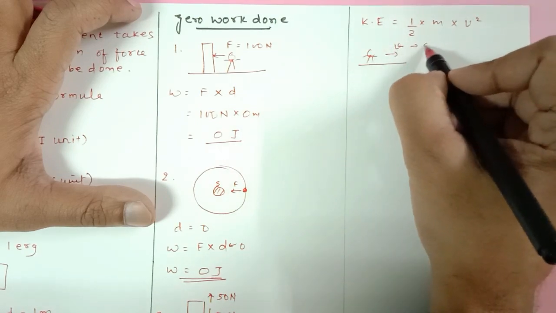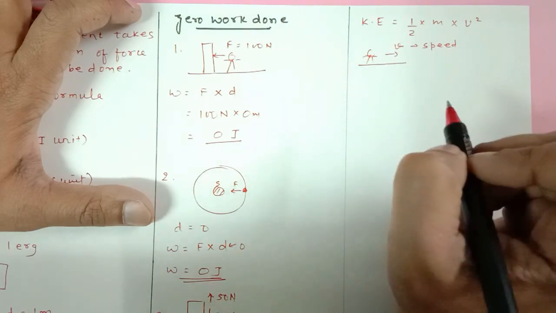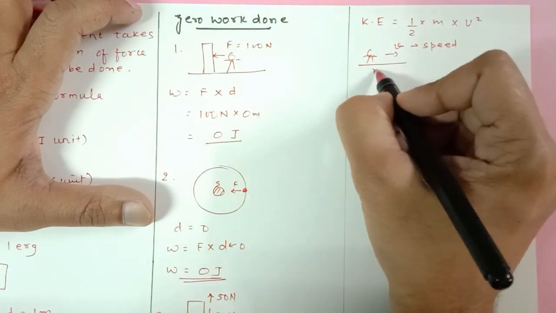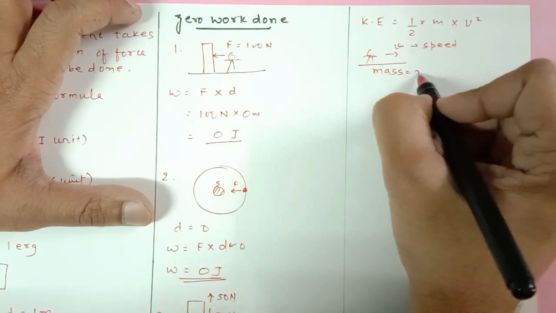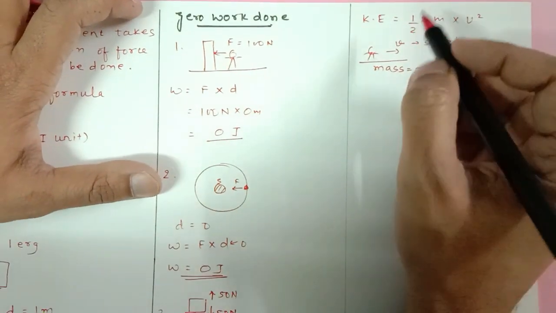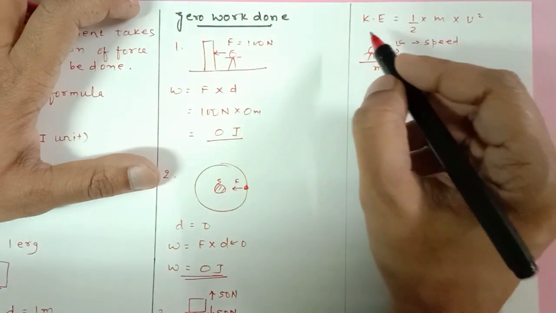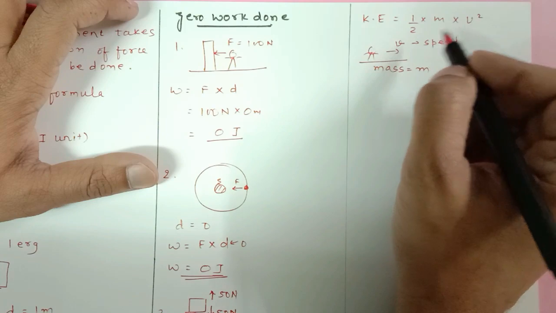Here v is the speed, actually velocity, but since the man is moving in a straight line, velocity and speed are the same, and the mass of this man is m. This half is an additional factor. You cannot remove this half from the formula. This is the given formula. So kinetic energy depends upon mass and the square of the speed.